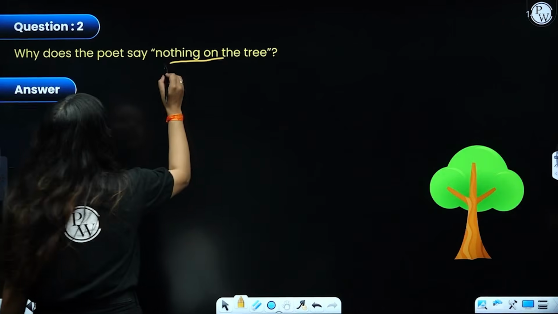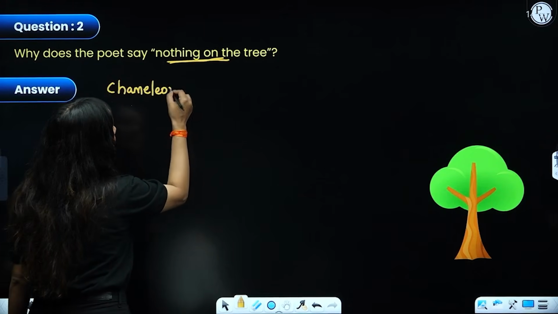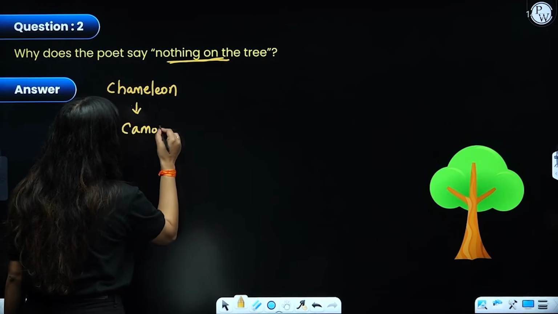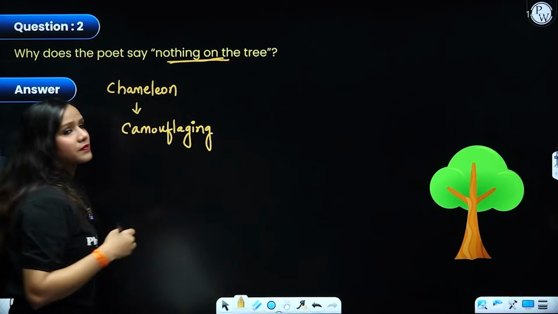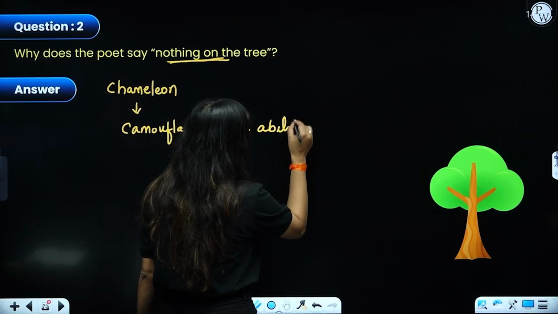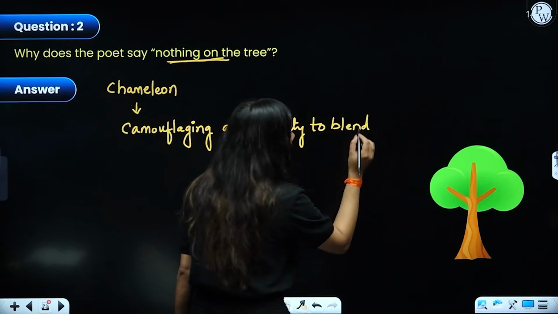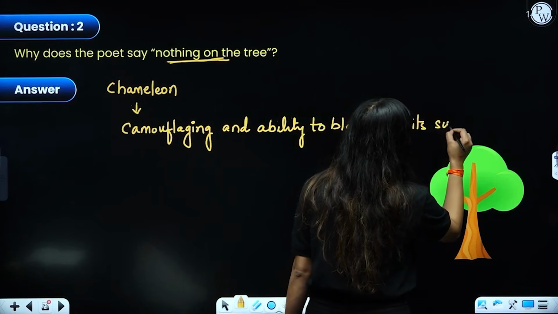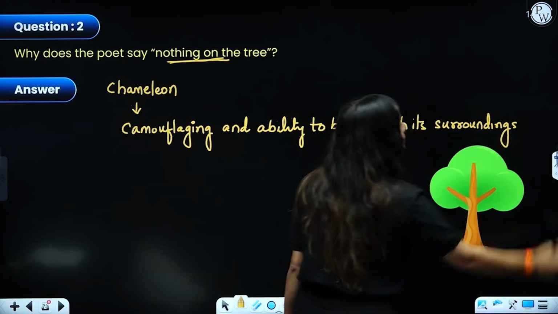So even if you find nothing on the tree, there must be a chameleon, known for its ability to blend with the surroundings.